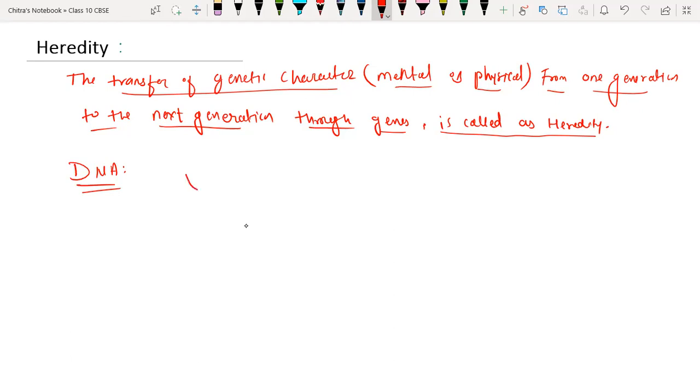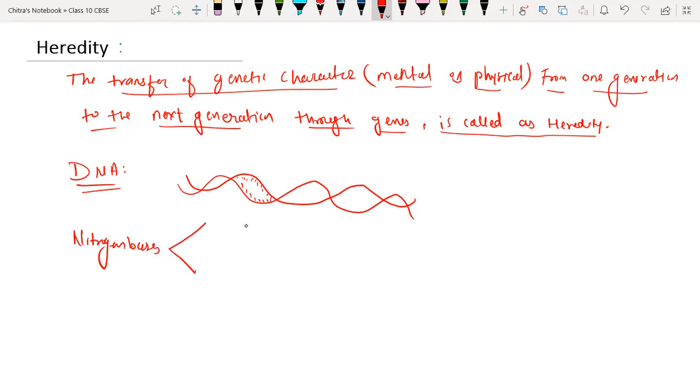DNA is a double helical structure, formed by many thousands of nitrogenous base sequences. Nitrogen bases are of two types.